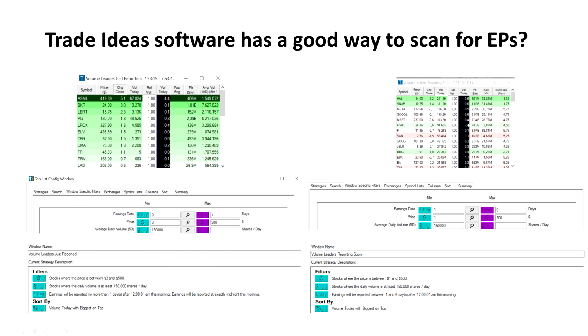Then I have another one that is tracking the same thing, volume leaders reporting soon. When I say soon, it is the next 5 days, defined by this filter, earnings day 1 to 6. I don't know why, but here I have 1 to 500, so I'll have to correct this, but here's the summary.